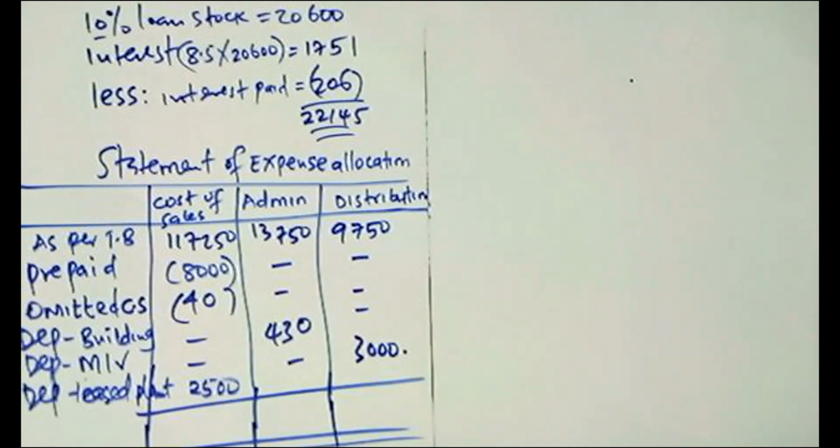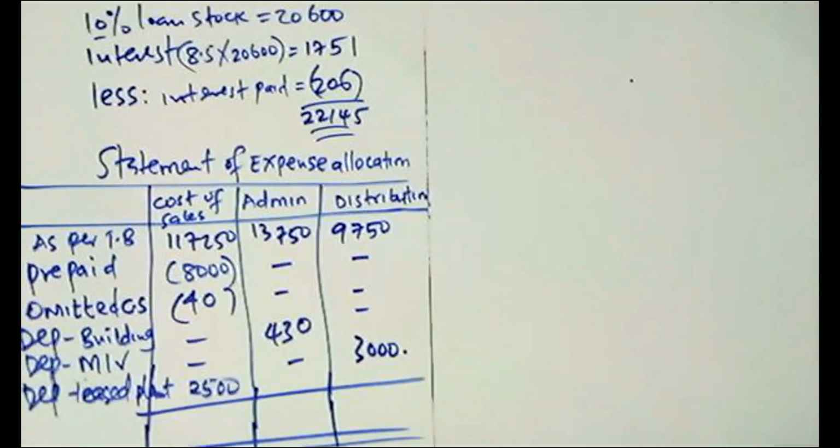So up to that point, you can give me the totals. Someone to do for cost of sales, another student to do for admin, and another one to do for distribution.